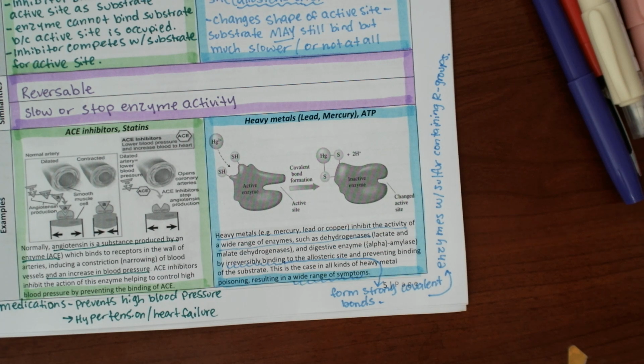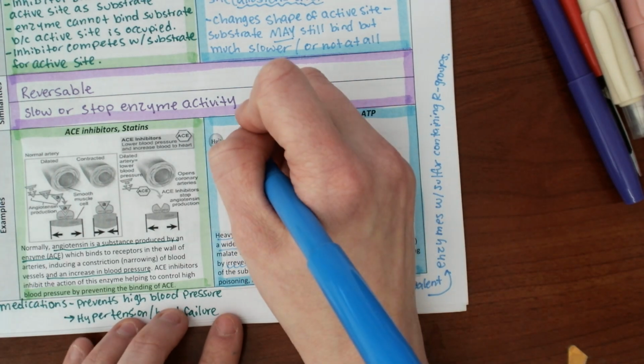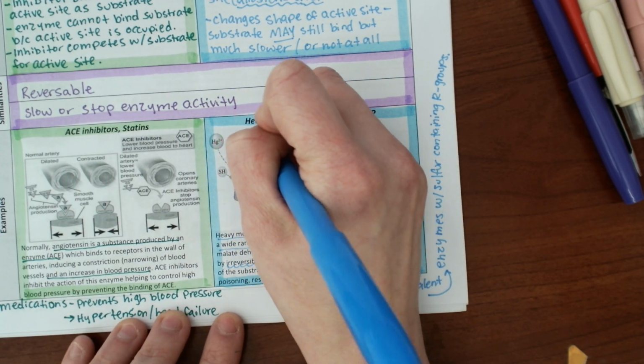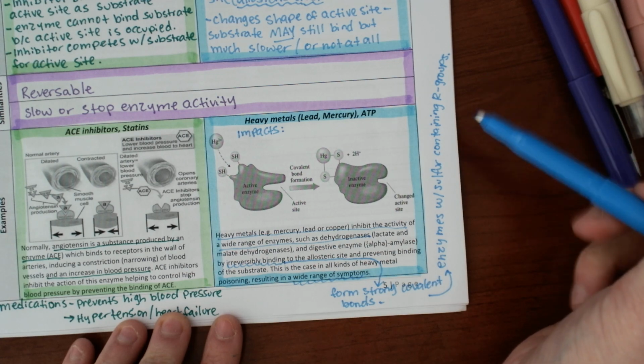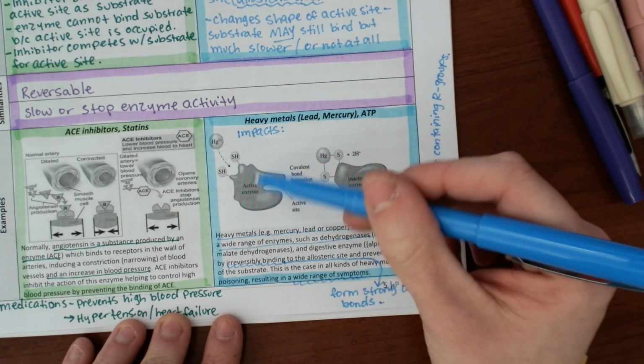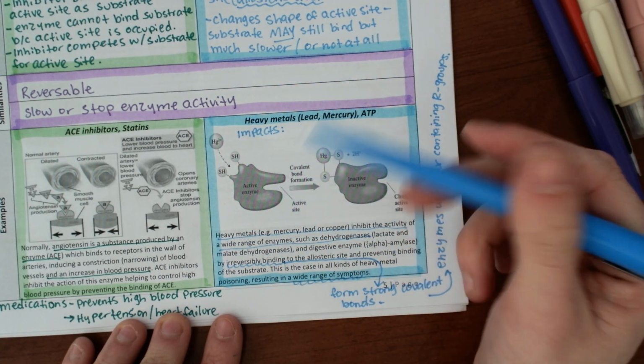Those sulfur-containing R groups are really causing problems. They're the only way disulfide bonds occur. They also give heavy metals the ability to bind inseparably and cause a bunch of problems. You have a wide range of impacts with heavy metal poisoning because so many of your enzymes have this sulfur-containing R group somewhere in their allosteric site or on a side of the enzyme.